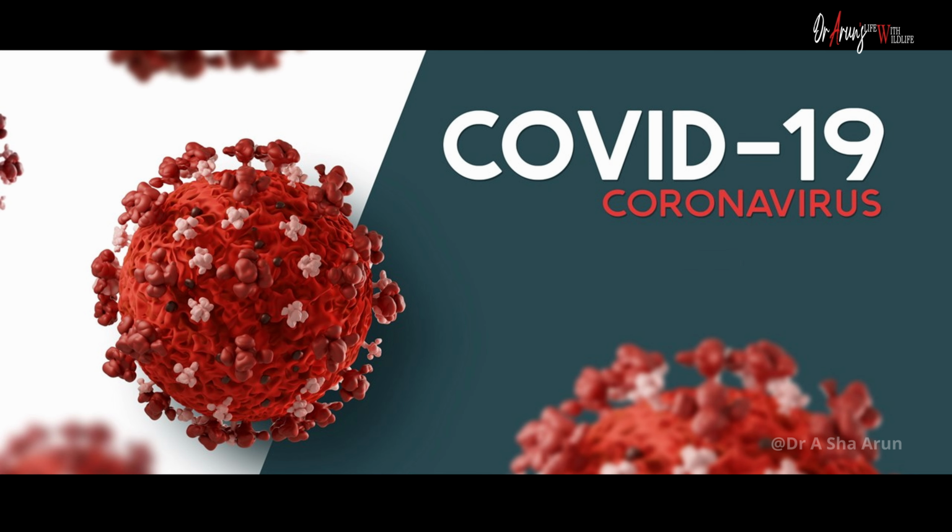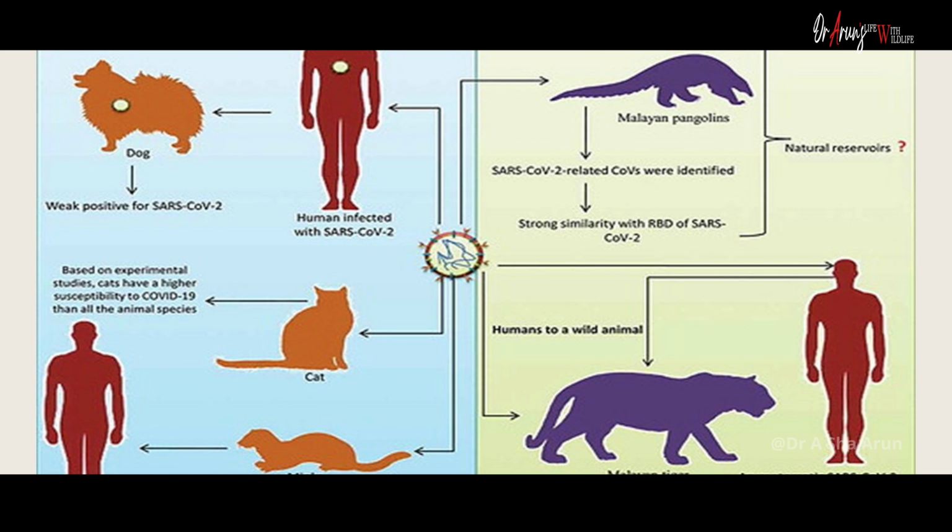The next important notable disease, as we all know, is COVID-19. It is caused by severe acute respiratory syndrome coronavirus 2, shortly referred to as SARS-CoV-2. It is a strain of coronavirus that causes COVID-19, the respiratory illness responsible for the COVID-19 pandemic.